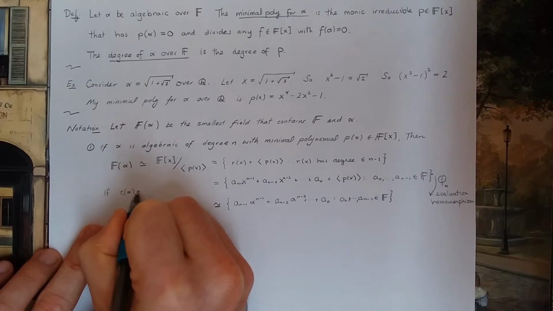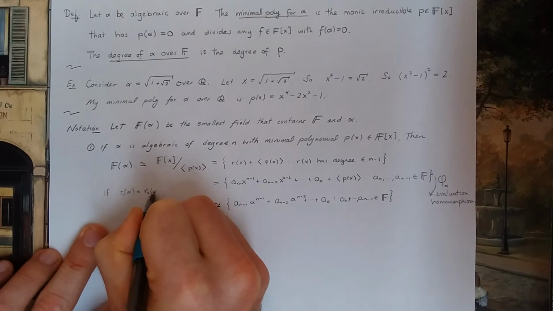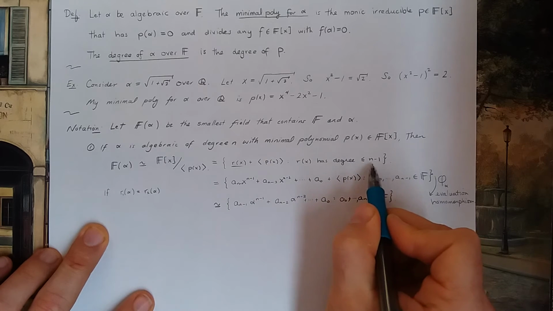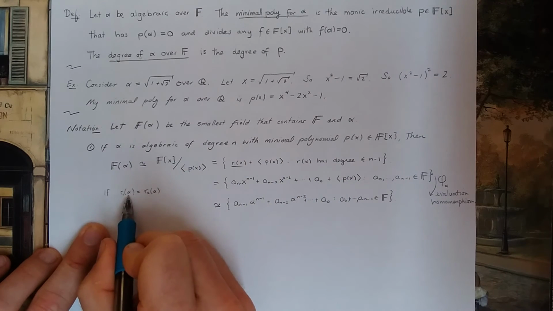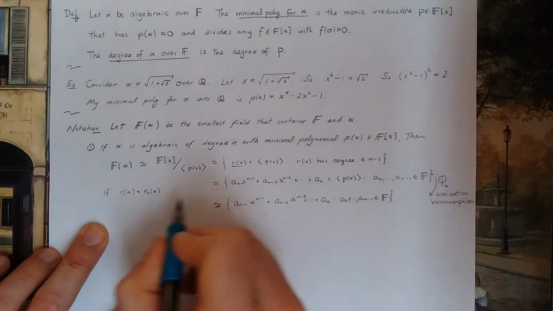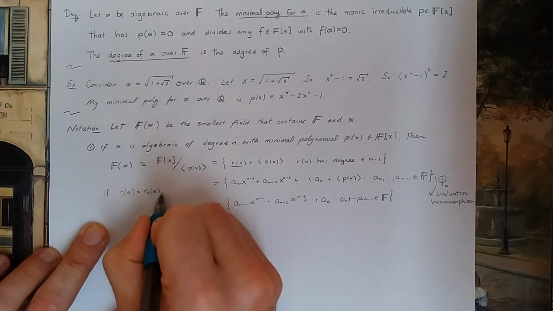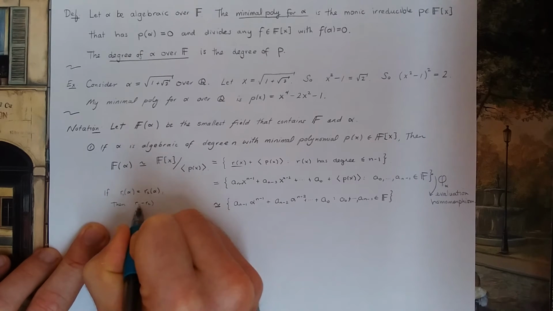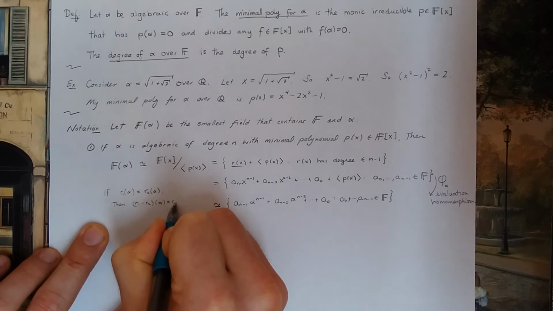if R1 of alpha equals R2 of alpha, so if I have two degree n-1 or smaller polynomials that evaluate to be the same thing when I apply alpha, the evaluation homomorphism, then I could subtract and I get R1 minus R2 evaluated at alpha is 0.